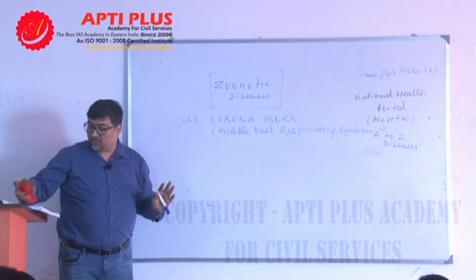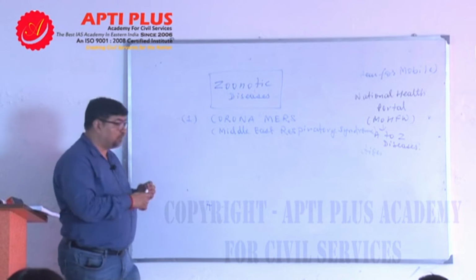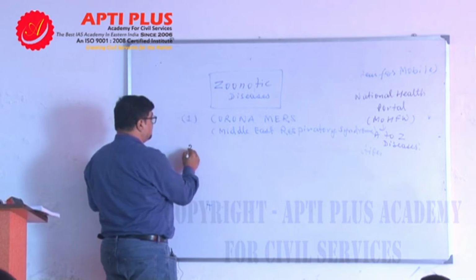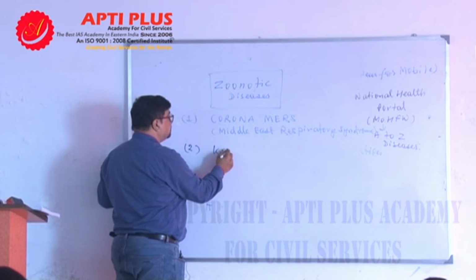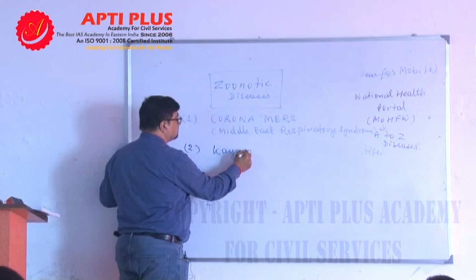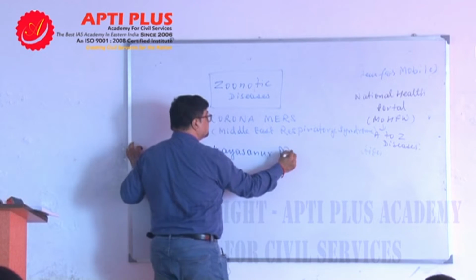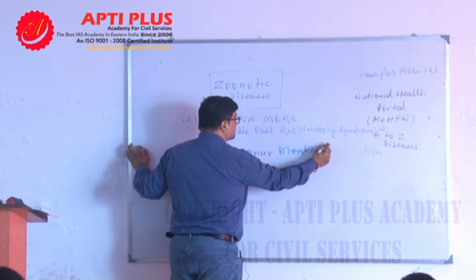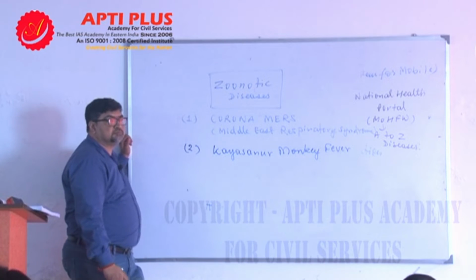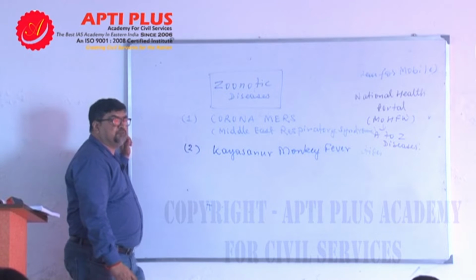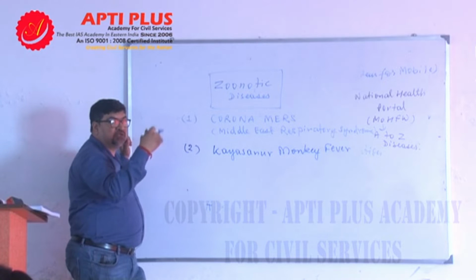Right? Now what comes here, another important name which has come in the news, I am now writing the name of the disease there. Kyasanur monkey fever. Kyasanur Forest is a part of Goa, the Goa part adjoining Karnataka.